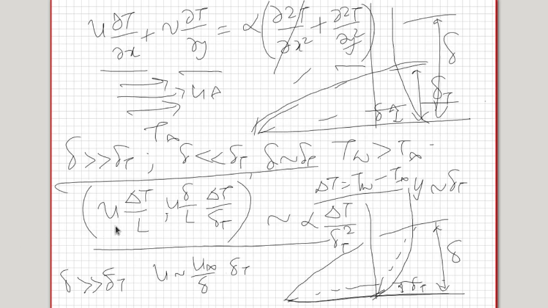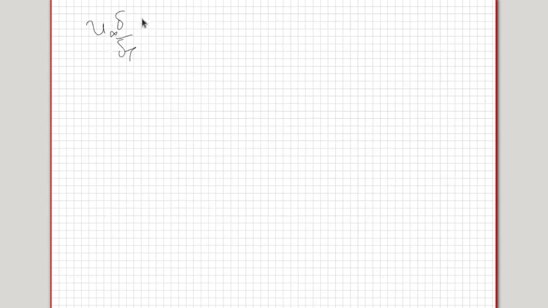U infinity into delta T by delta is the value of U, multiplied by delta T by L, the temperature difference divided by L. This is the first term. And the second term is V multiplied by delta T by delta T. So this is U infinity into, okay, it's not delta by delta T, it's delta T by delta, sorry.